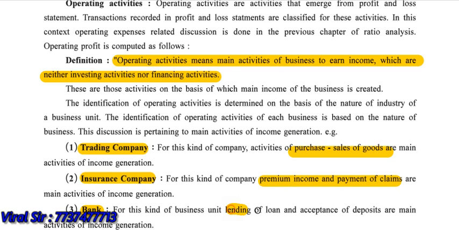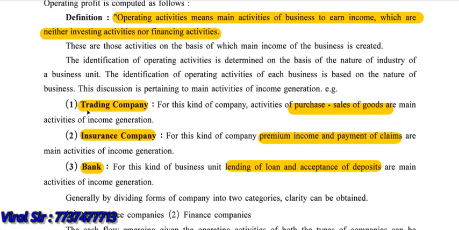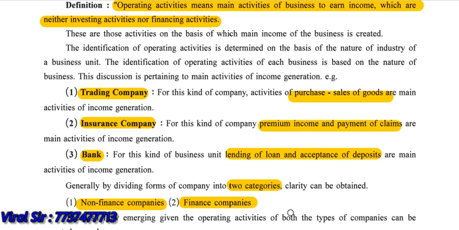For a bank, loans and acceptance of deposits are the main activities. So on this basis, we can divide companies into two categories: first is non-finance companies, others are finance companies. Why are we classifying this into two? Because operating activity for a non-finance company would be different and operating activity for a finance company would be different.